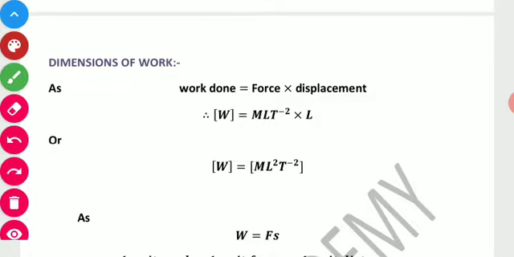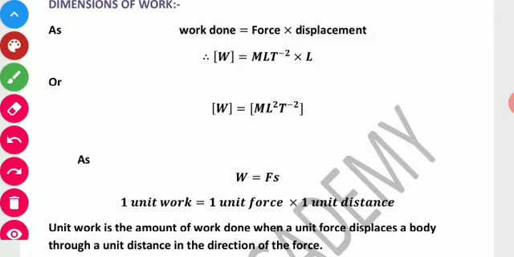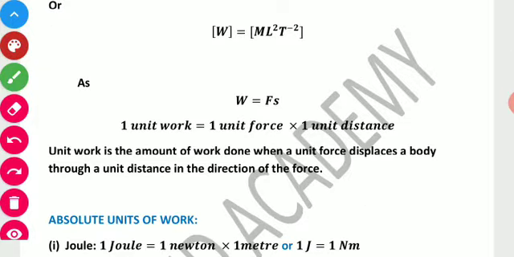What are the dimensions of work? Dimension of work is M L^2 T^-2, and units: 1 unit of work is the amount of work done by a unit force which displaces an object through a unit distance.